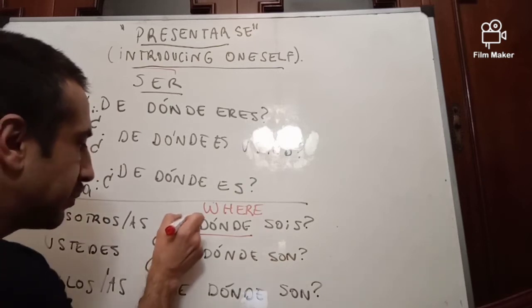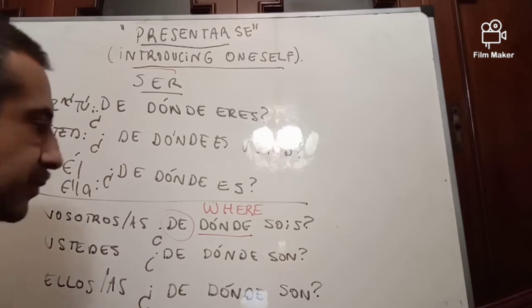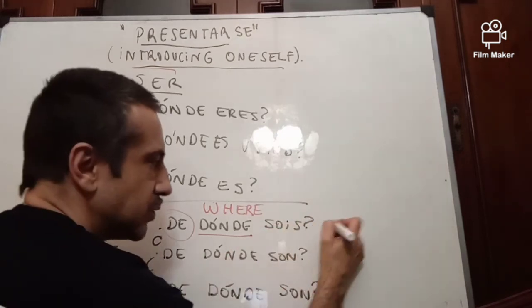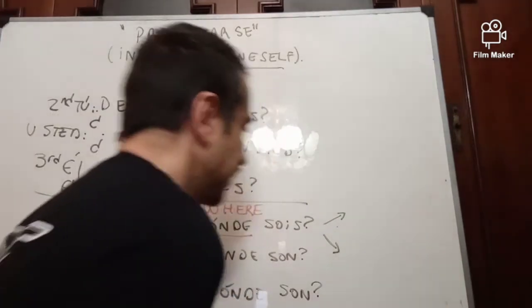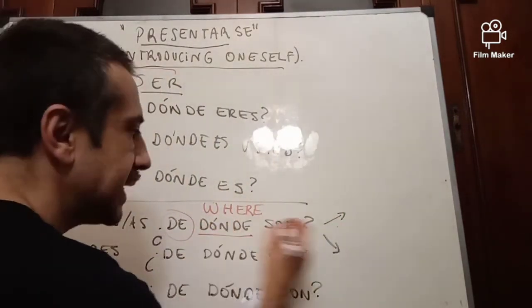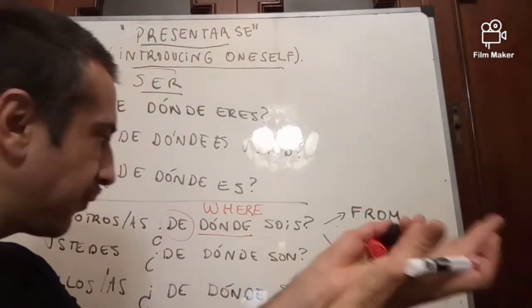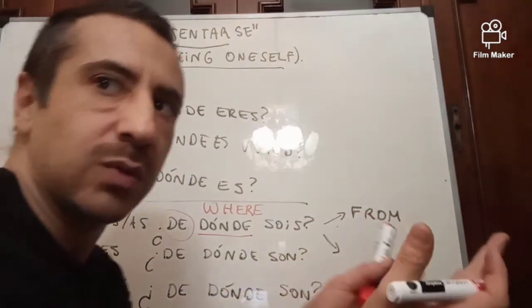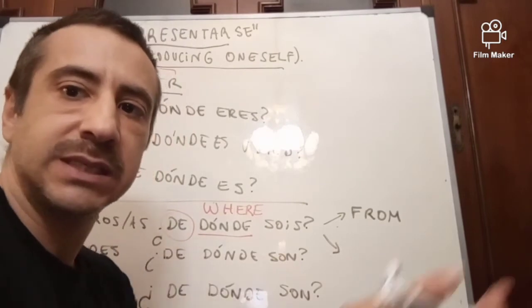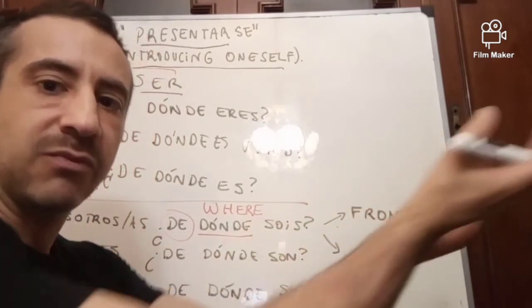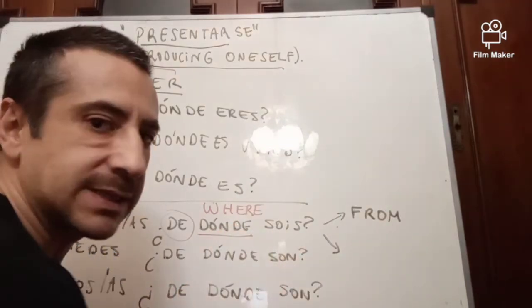In Spanish, we put the preposition at the beginning, and "de" has two translations, or more than two, but mainly, in this case, the meaning is "from." What's the name of the city you come from? You come from one place to this one. The other translation is "of."